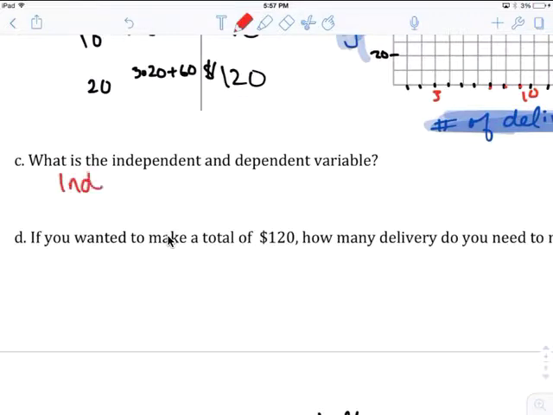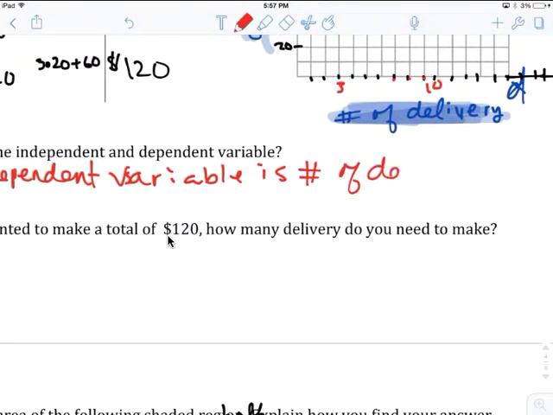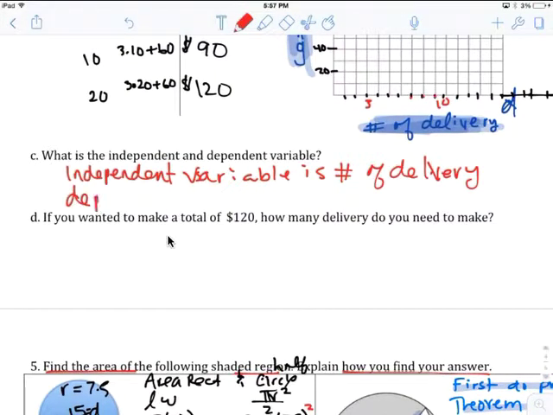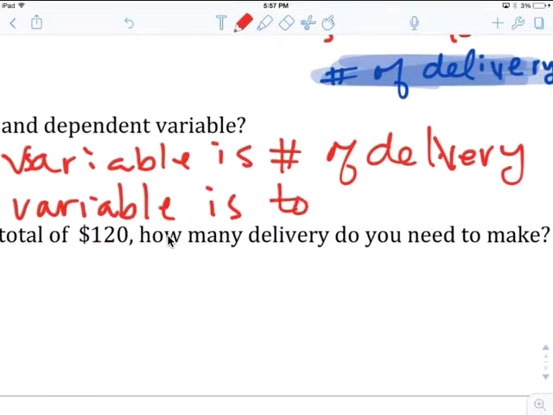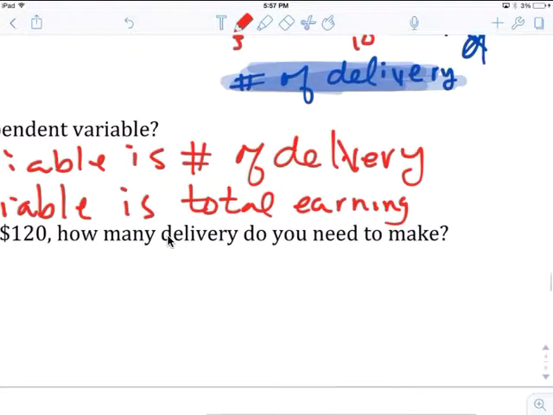The independent variable is the number of deliveries. The dependent variable is total earning in dollars.